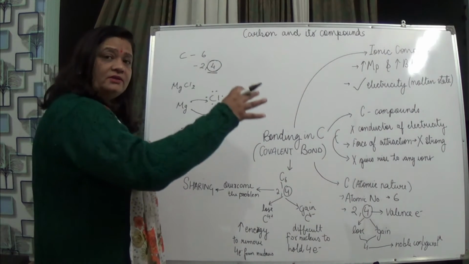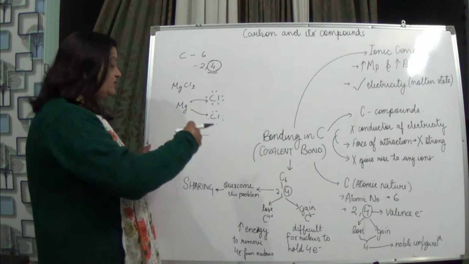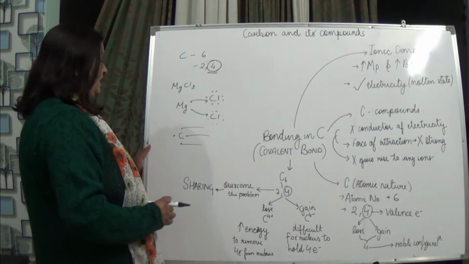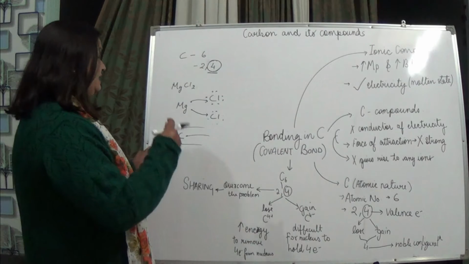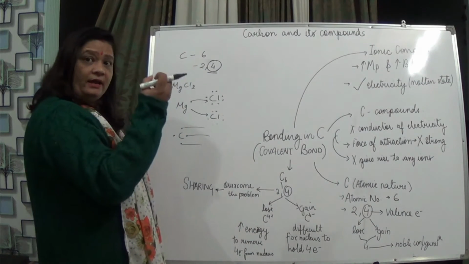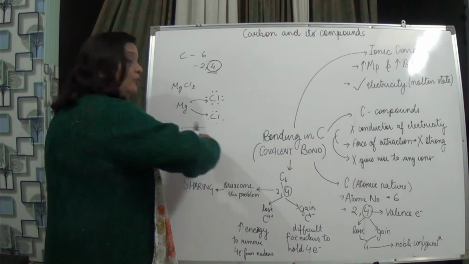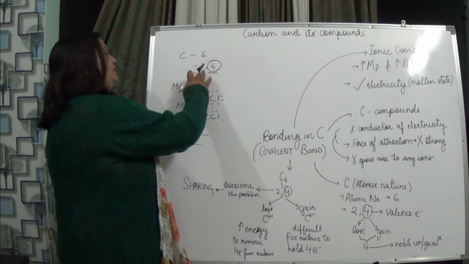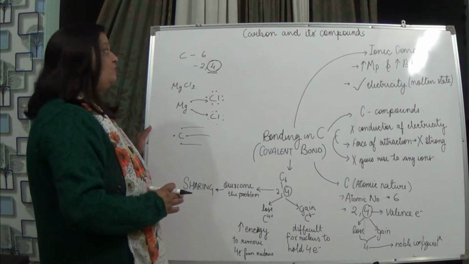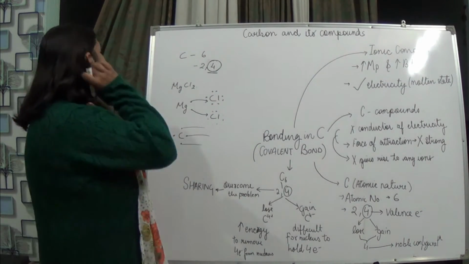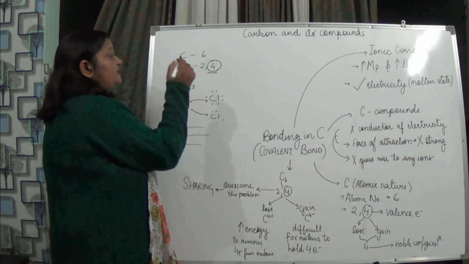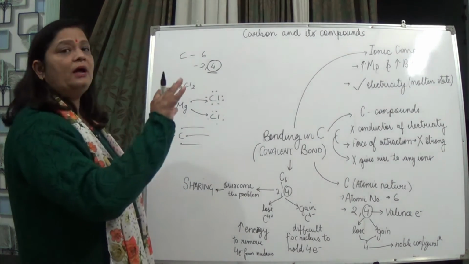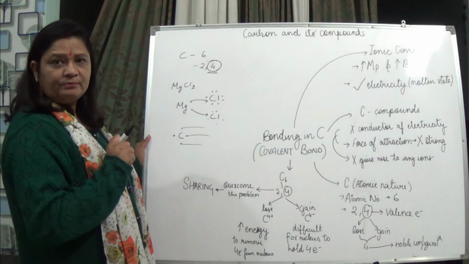More energy will be required to remove these electrons from the valence shell. And one more thing: if these are removed, only 2 electrons will be there, and 6 protons are present in the nucleus of the atom.